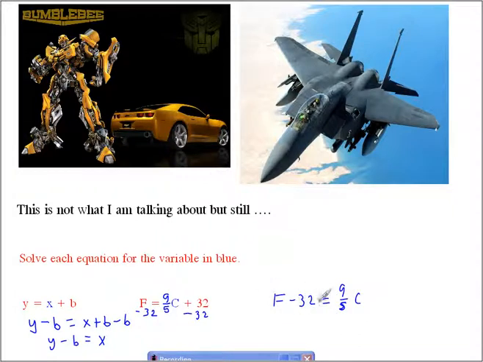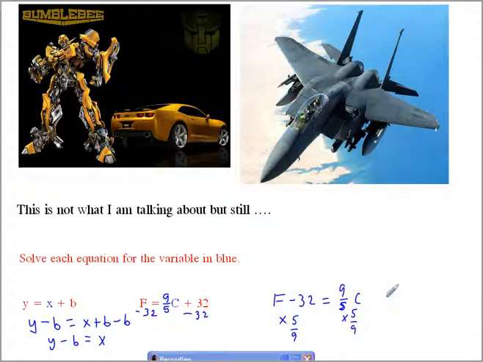And so now all I have to do is get rid of that 9/5. So what I'm going to do is multiply by the reciprocal. So times 5/9, which is the same as dividing by 9/5. Remember that. So times 5/9. But remember, I'm going to have to multiply both the F and the minus 32 by 5/9.